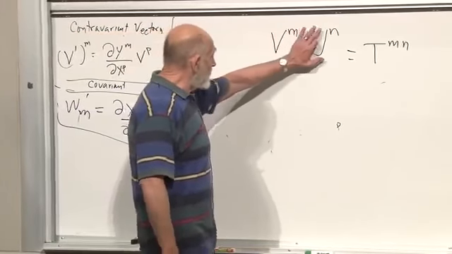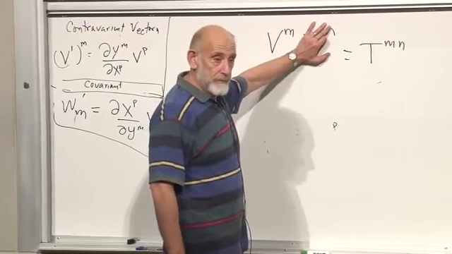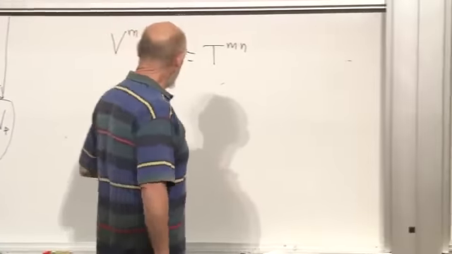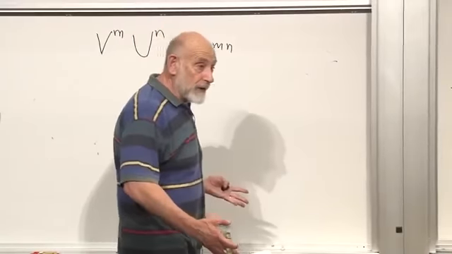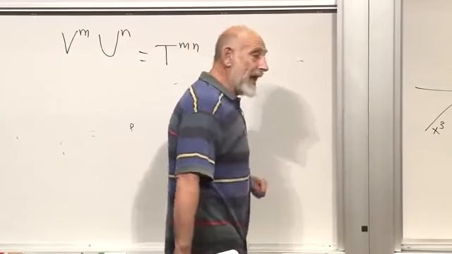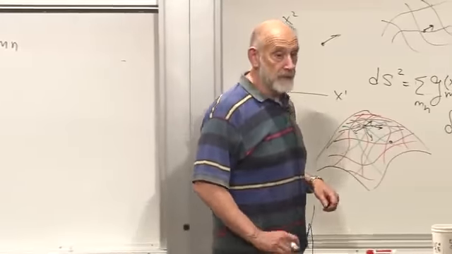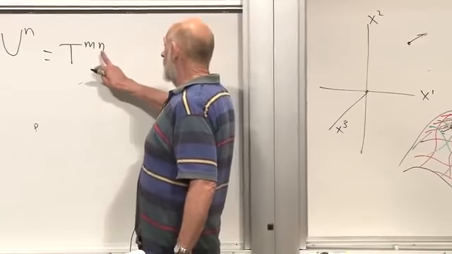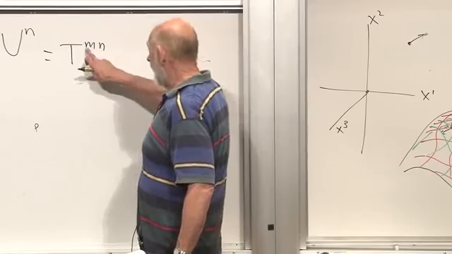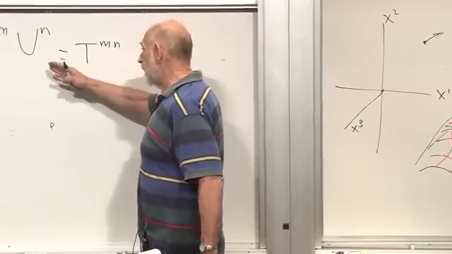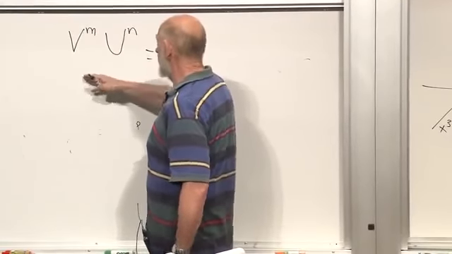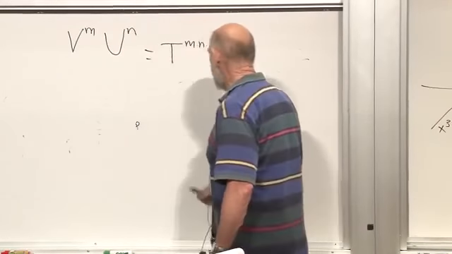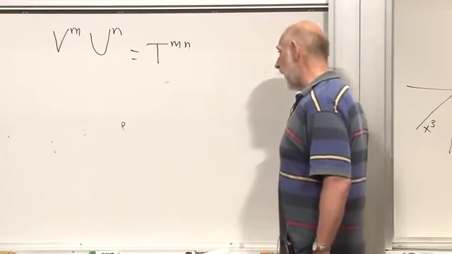How many components does V^M have? 3. Right. How many components does U^N have? 3. How many components does T^MN have? 9. Right. Notice it matters whether you put it MN or NM. They're different things. T^MN is not the same as T^NM, if you know what I mean. So where you put the index here matters.